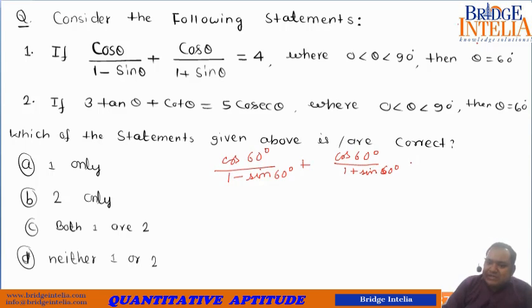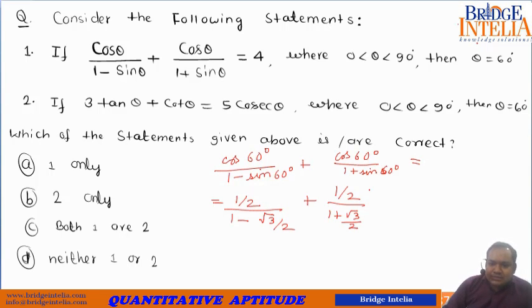Is this actually equal to 4 or not? We have to see. Let's substitute. Cos 60 degrees equal to half divided by 1 minus sin 60 degrees, where sin 60 degrees is root 3 by 2, plus again cos 60 degrees equal to half divided by 1 plus root 3 by 2.